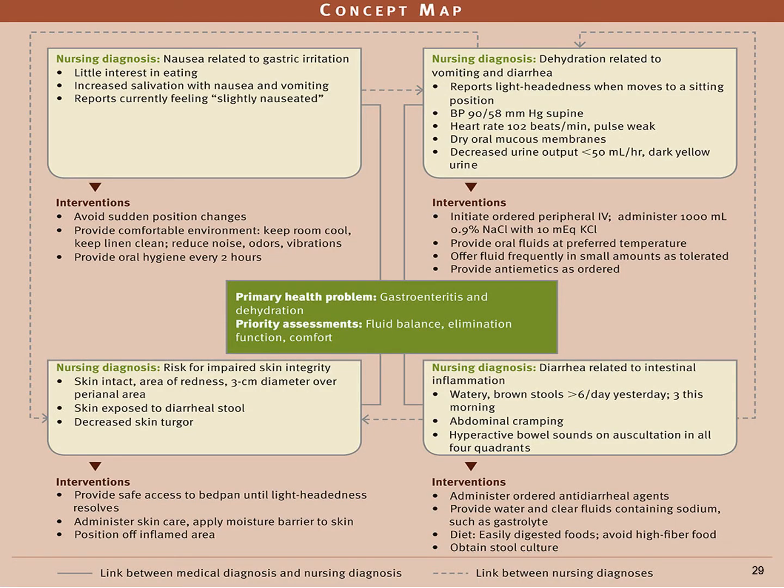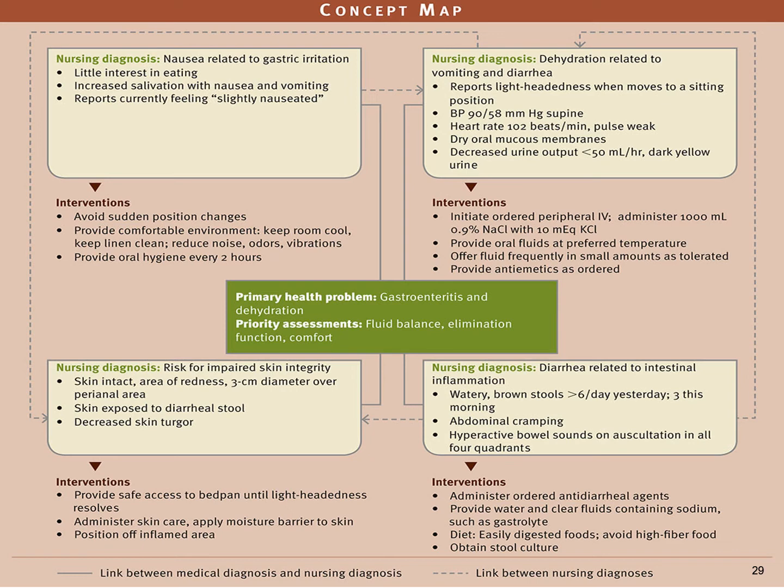Look at figure 42.12 in your text. There are 4 nursing diagnoses related to the primary health problem and the priority assessments. Nausea related to gastric irritation. Dehydration related to vomiting and diarrhea.